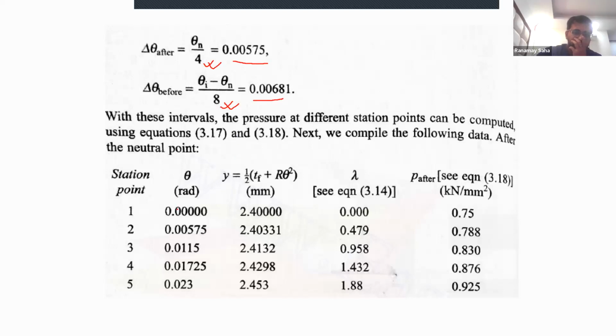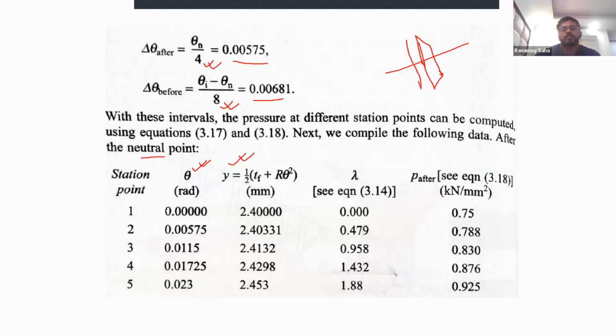Corresponding to all these values, we compute the data after the neutral point first. You know the equations relating to your pressure value before and after the neutral point; this has been derived in your class. Now you have the theta values corresponding to that, and you find your y value, if this happens to be your strip.